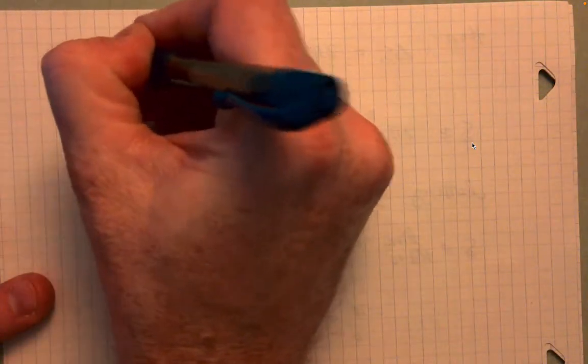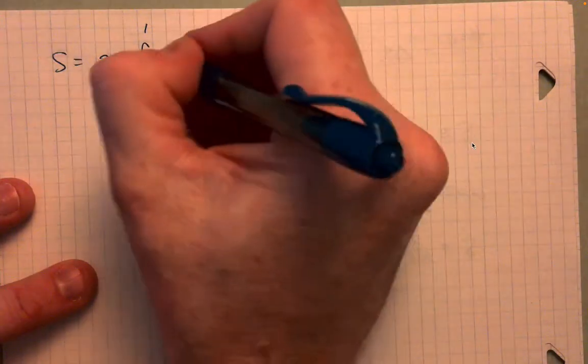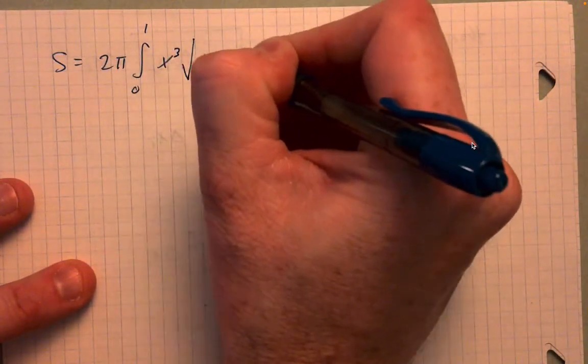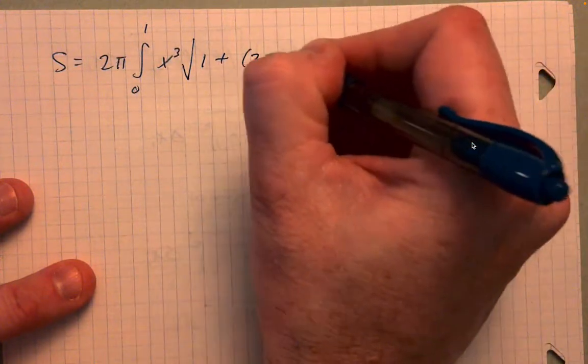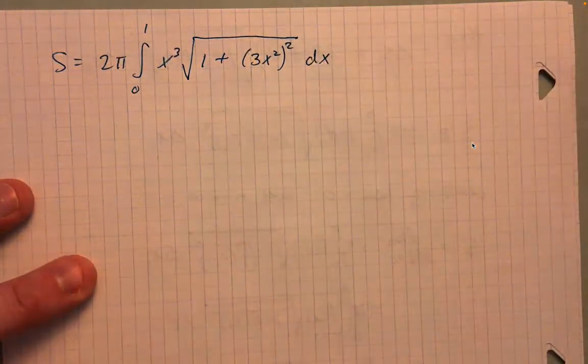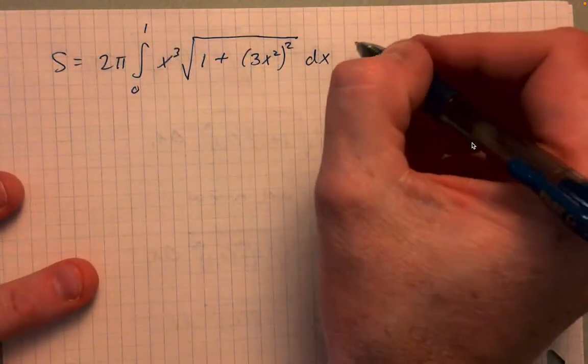And so let's do this integral quick. So s equals 2 pi, the integral from 0 up to 1, and r of x we said was x cubed, and then it's the square root of 1 plus f prime of x squared, which was 3x squared. So we need to square that, just like so. Okay, and perfect.